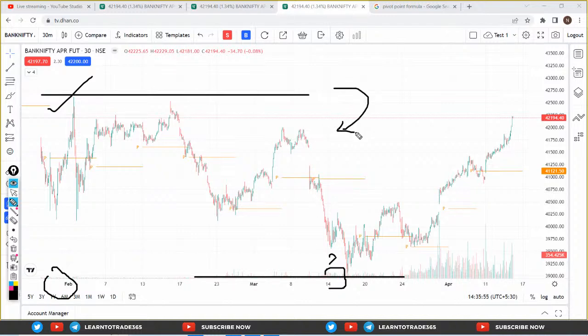If you are already using your technique or your style of marking support and resistance, maximum times price rejecting from the resistance of your level, whatever you are marking, would have given better reward compared to trying to play the support area. I'm speaking as I'm using the 30-minute time frame.